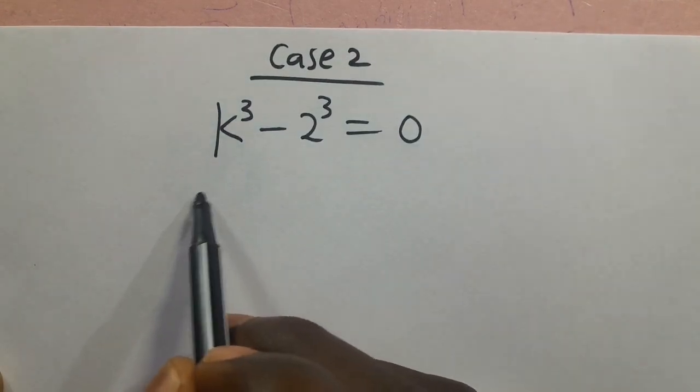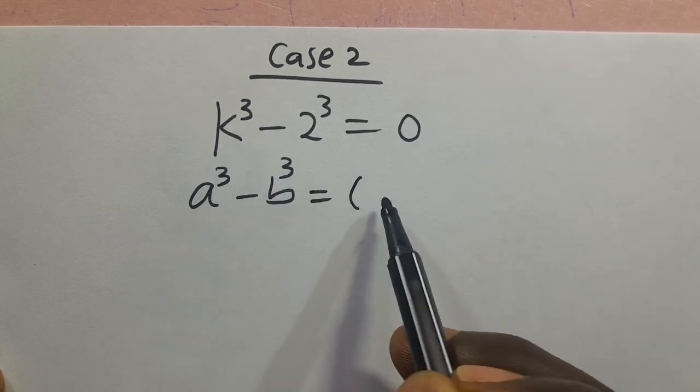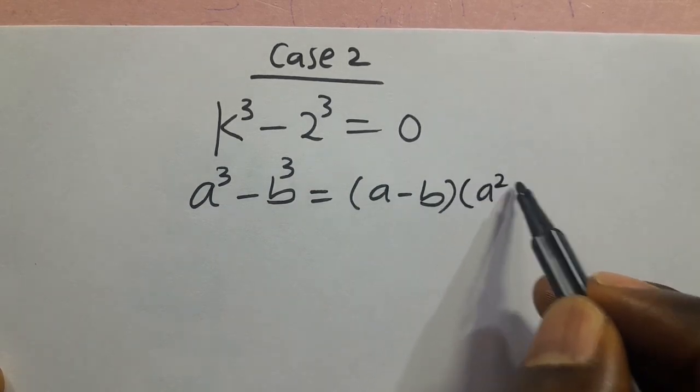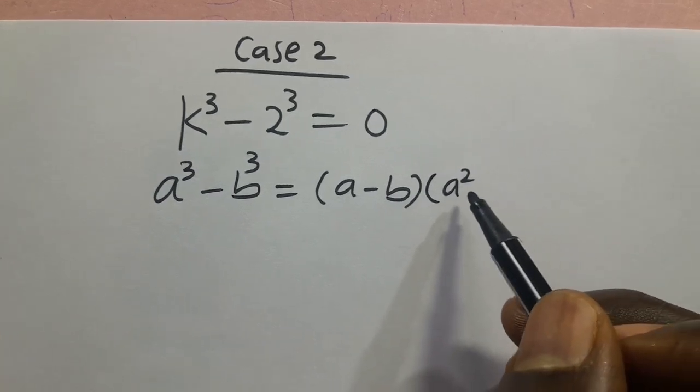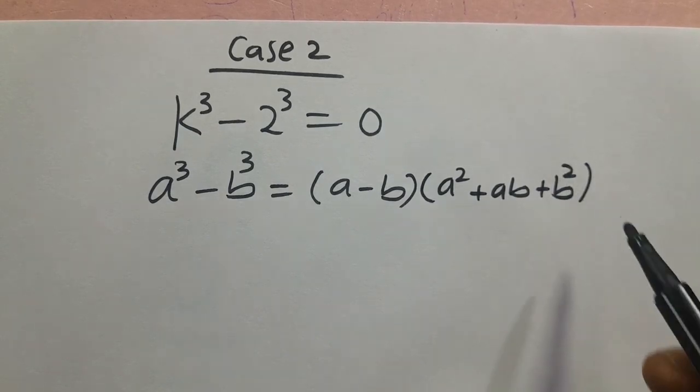Let us recall that a to the power of 3 minus b to the power of 3 always equals a minus b in parentheses, then multiply by a square plus ab plus b square.